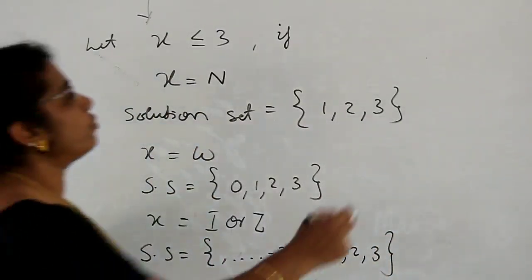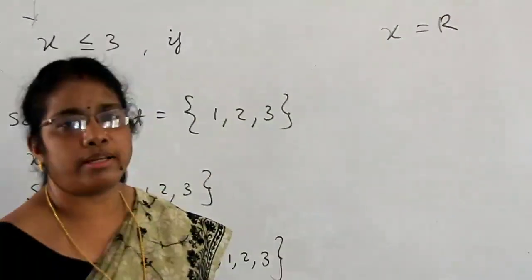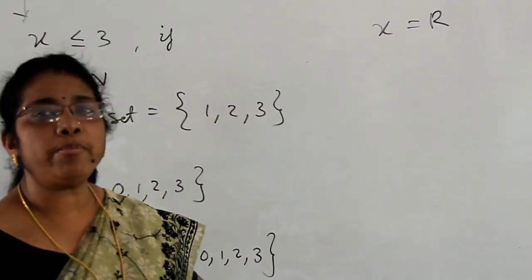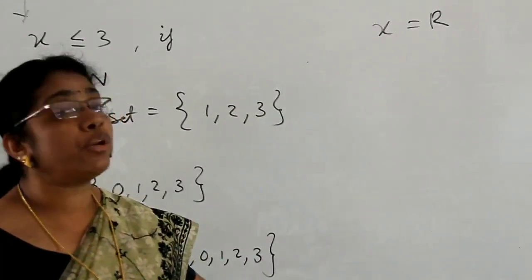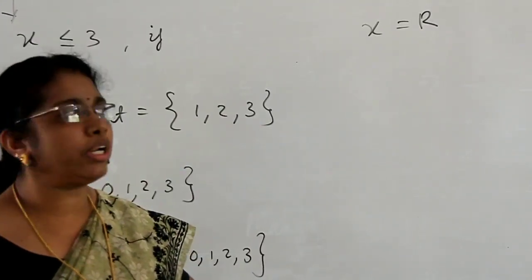And next, in case of real numbers, denoted by R. R means the set of real numbers. So in the real number case, the solution set can only be described in set builder form. What is set builder form?